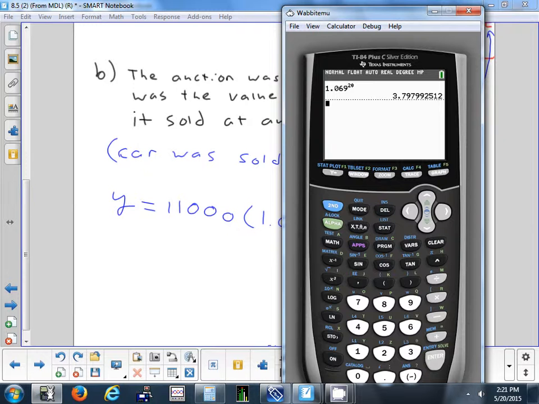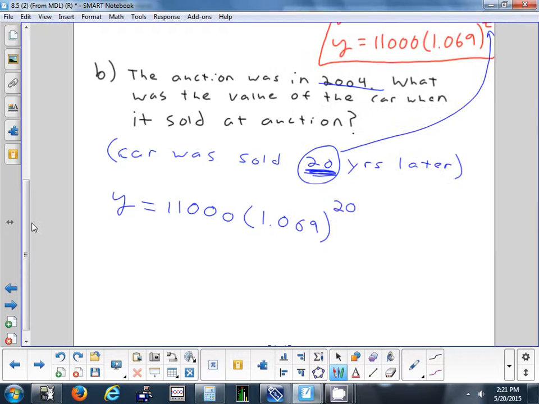Okay, so we get 3.79. Let's round that up to 3.798. Now, what do I do with these two numbers? Multiply them. Okay, 3.798 times 11,000.